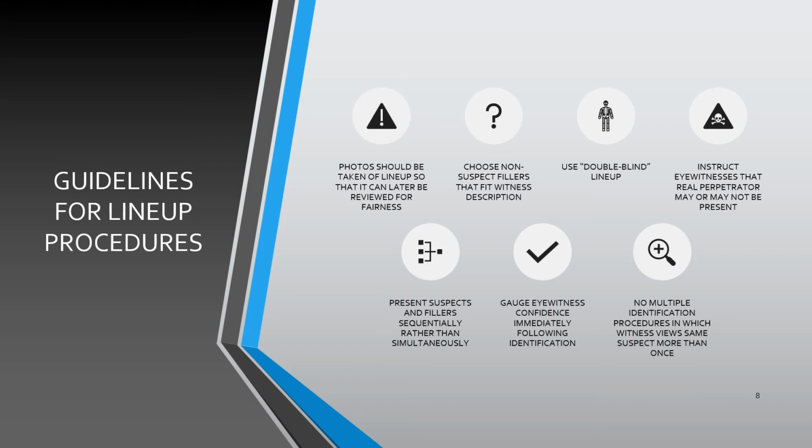In a double-blind lineup, neither the administrator nor the witness knows the identity of the suspect, and so the administrator cannot influence the witness in any way. Witnesses should be instructed that the real perpetrator may or may not be present, and that the administrator does not know which person is the suspect.